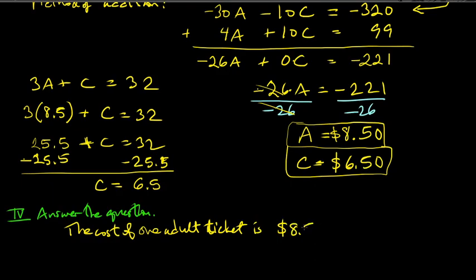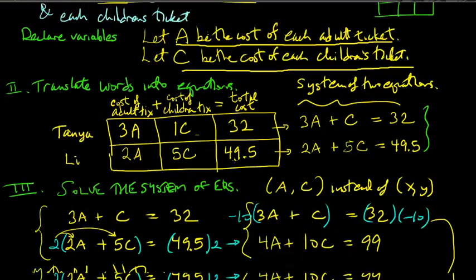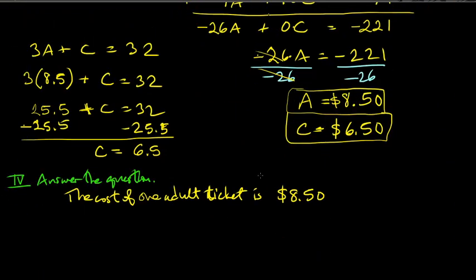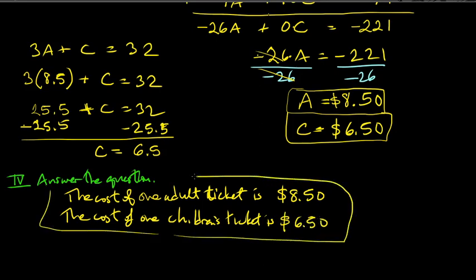So that was the first question. The second question is find the cost of one children's ticket. So the cost of one children's ticket is $6. Oops, a little sloppy there. There we go, $6.50. And that answers the question, right? So we're done.